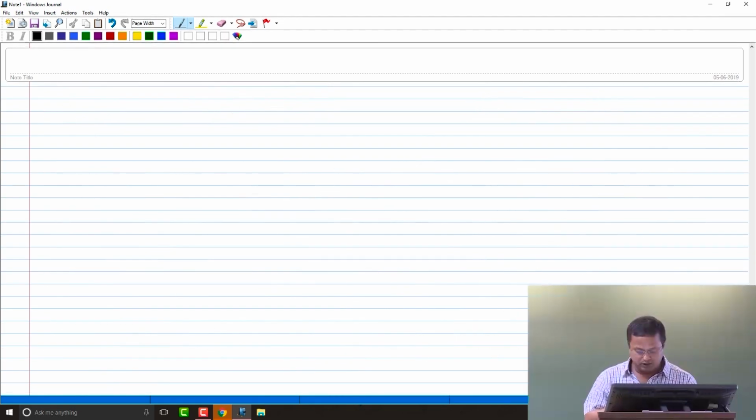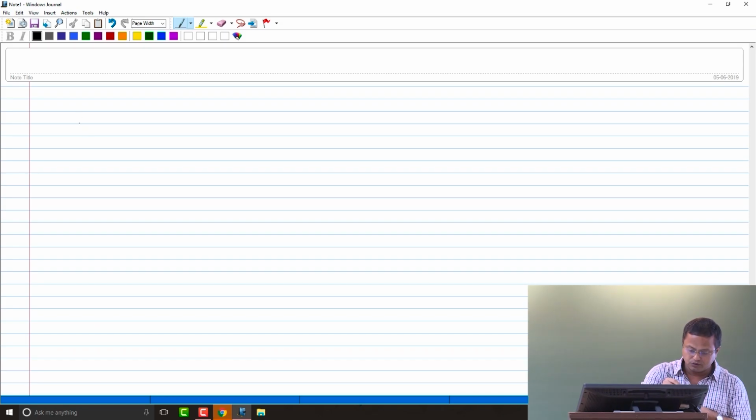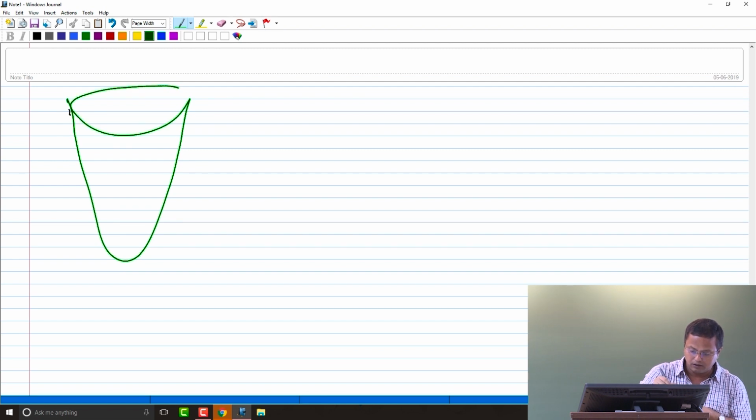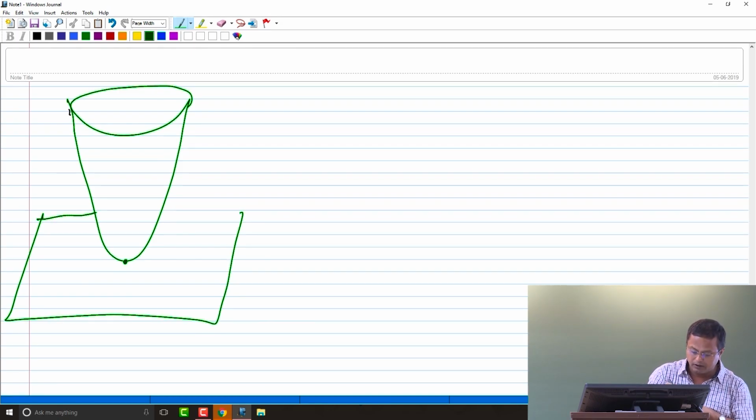Now, let us quickly do this math, because we have to cover a lot of ground. So, this is my paraboloid, this is the plane. So, I look at a point, say (a, b).